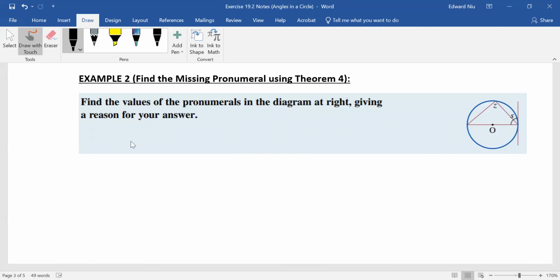Okay, so here we've got S equals 90 degrees because that's the tangent point. So that's theorem 4.